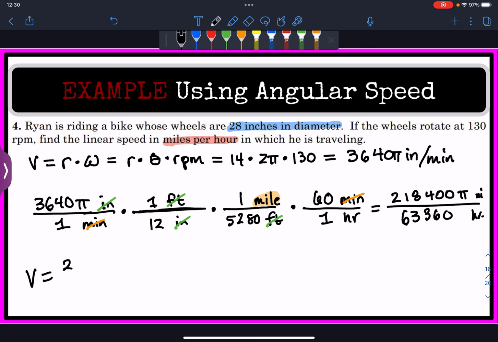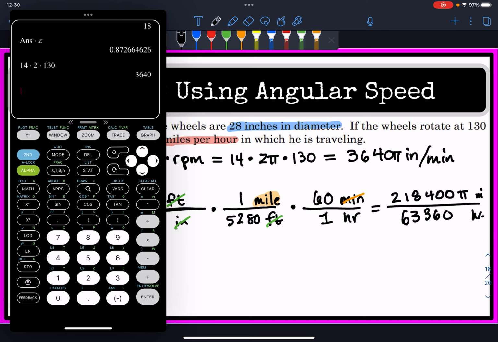Well, let's divide those two things out. Let's simplify this. So we have 218,400. Let's divide that by 63,360. Let's convert that into a fraction.